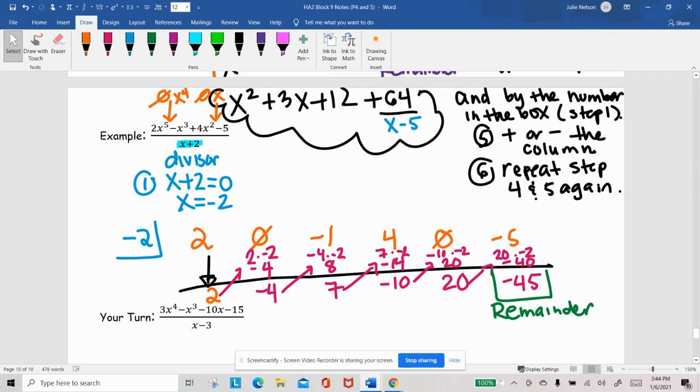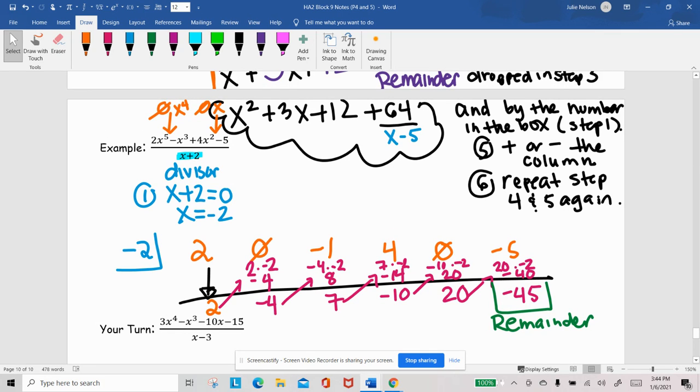So here, since this orange 2 represented x to the 5th, this is always going to be 1 less. So this would be 2x to the 4th minus 4x cubed plus 7x squared minus 10x plus 20.